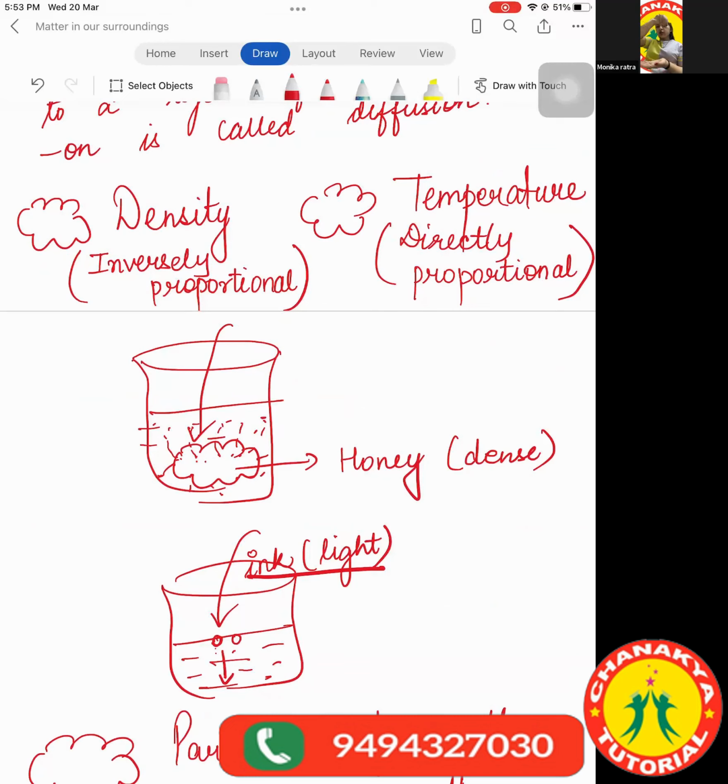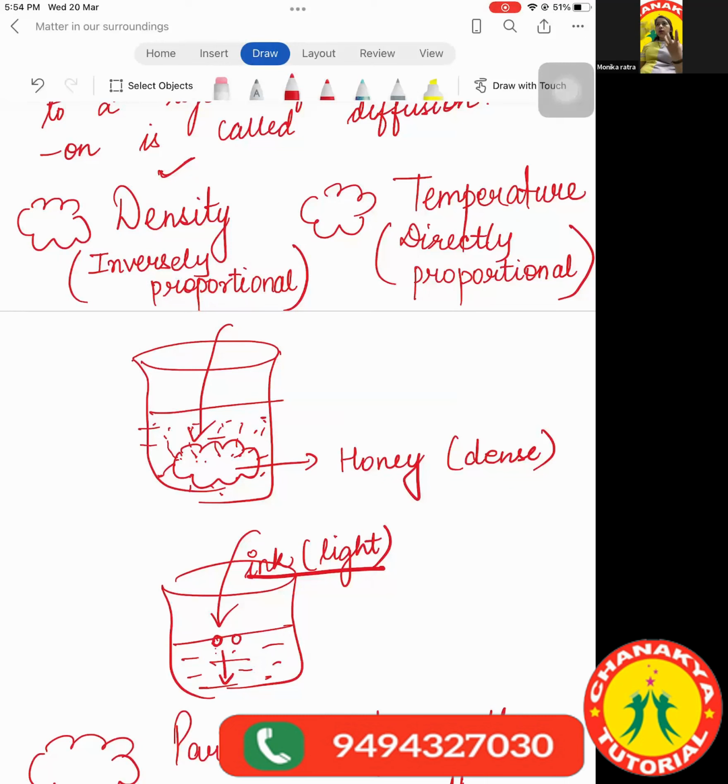In the case of ink, it was at the top. It depends on density. If the particles are lighter, the rate of diffusion will be more. If they are heavier, the amount of diffusion will be less.